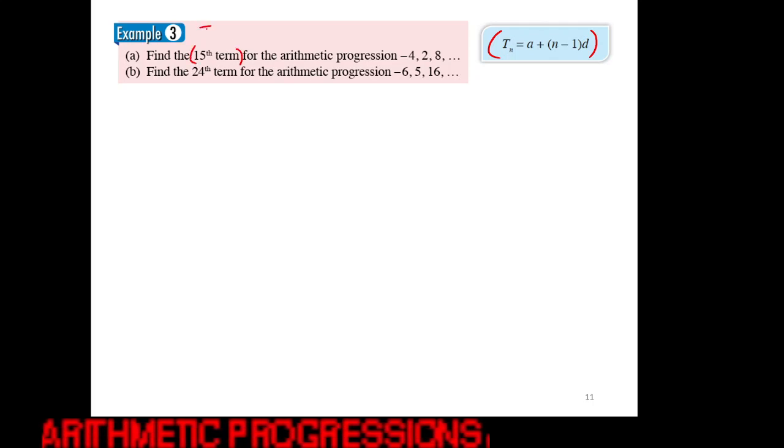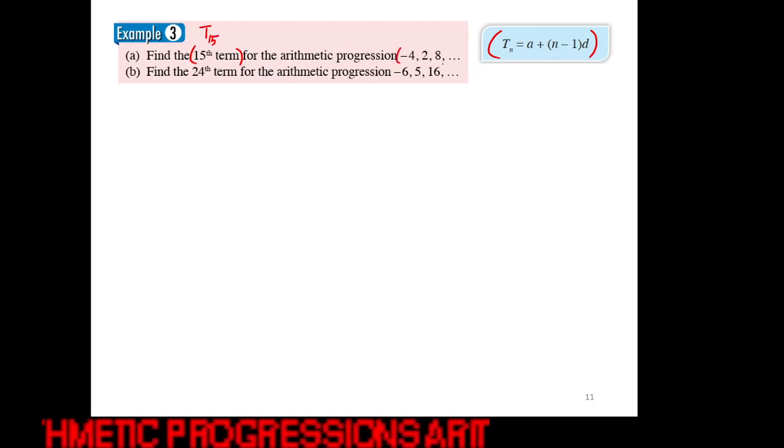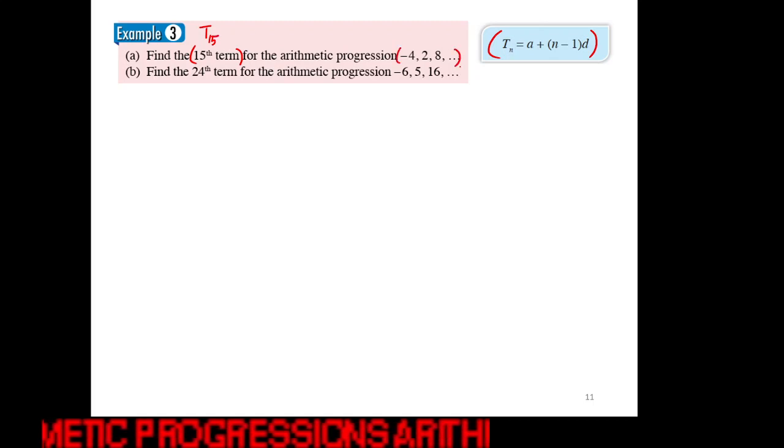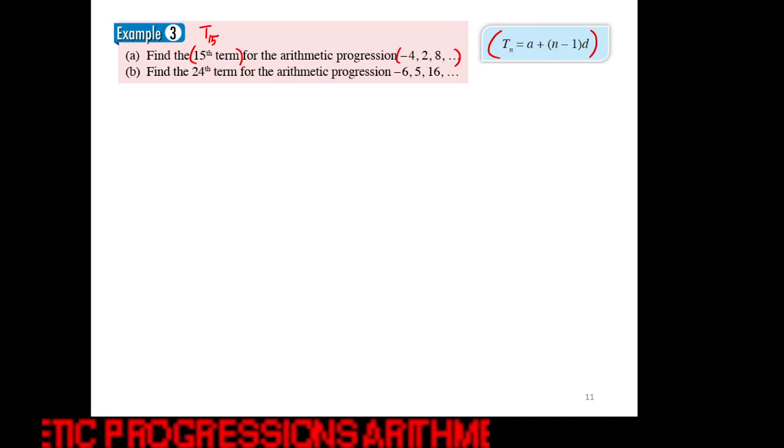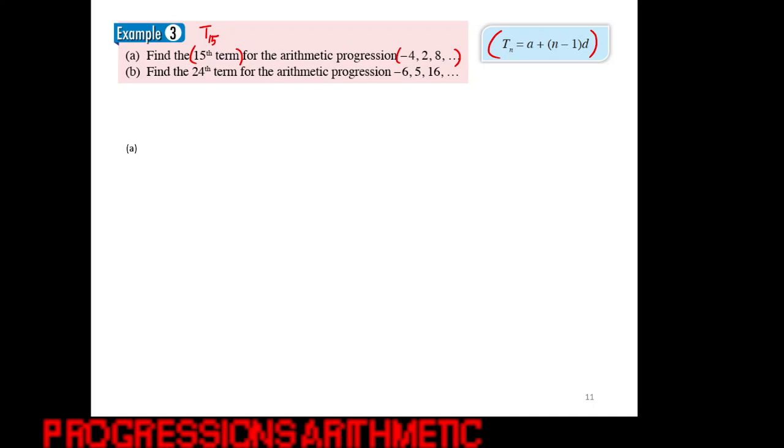Alright, after we derive this formula, let us make use of the formula. Look at example 3. Find the 15th term, which is T15, for an arithmetic progression here. Alright, so when we look at the questions, it's very obvious that some of the values are already given.